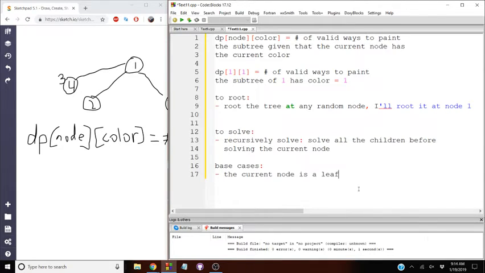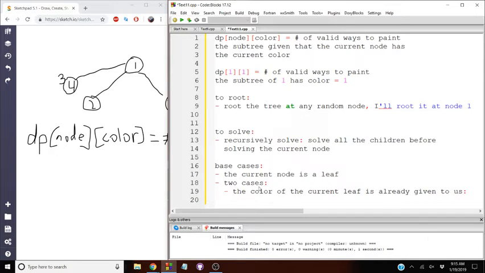So the base case is the current node is a leaf. If the current node is a leaf, then you have two cases. Option 1, the color of the current leaf is already given to us, right?